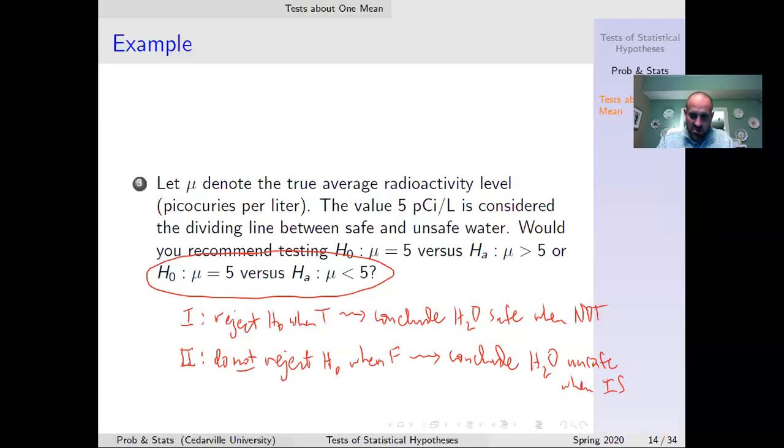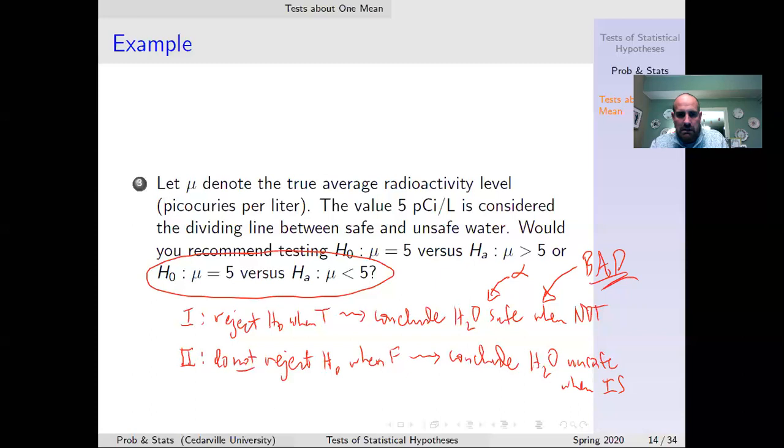Which of those two errors seems worse? Well, I hope it's clear to you that it would be the type 1 error. So this one would be really bad, once again. It makes sense why this would be the one that we would want to control. That's our alpha error. Concluding the water is unsafe when it is safe, you won't drink it, so you won't harm yourself, even though it's safe.